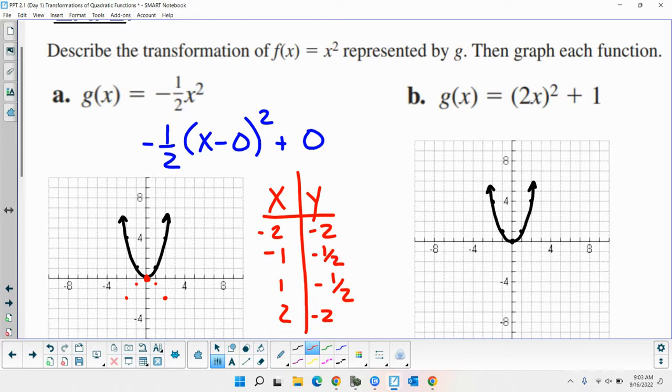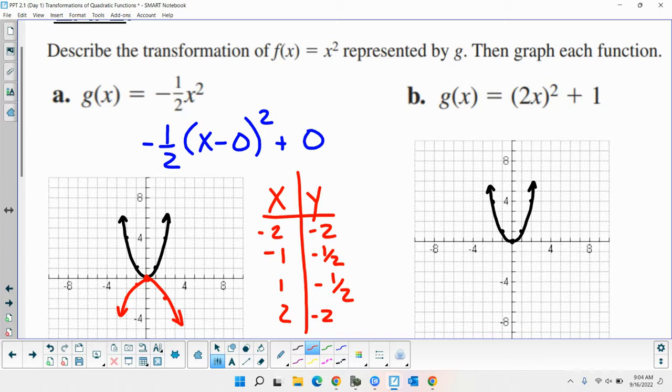So, was this a compression or a stretch? Did it get skinnier vertically or fatter vertically? Compression, it got fatter, wider.